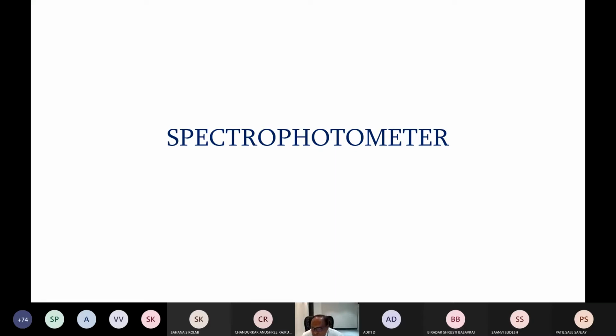So in this regard, yesterday you have seen how a colorimeter works. The same step only.